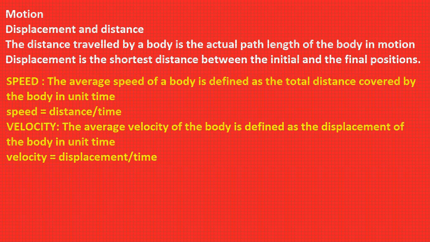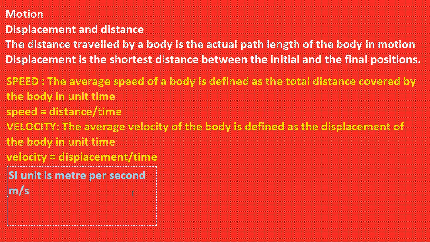The SI units of both these quantities are the same, and the SI unit is meter per second. When meter per second is abbreviated, it is written as m/s or m s^-1. Let us take a look at an example.